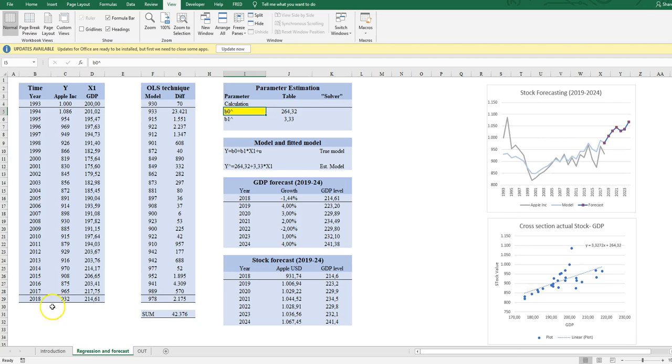First, I will just show you the time series that I have chosen to build the model from.